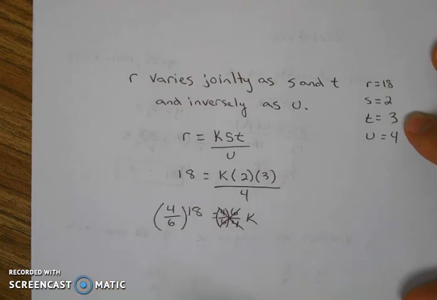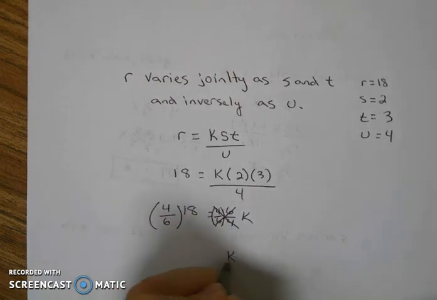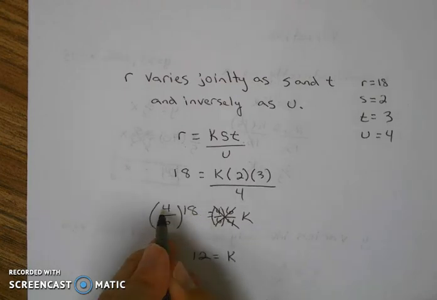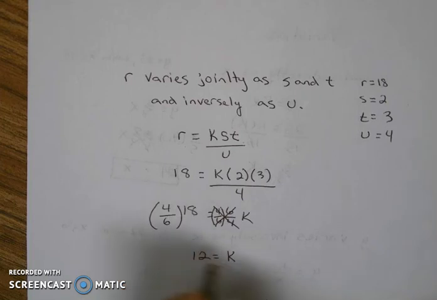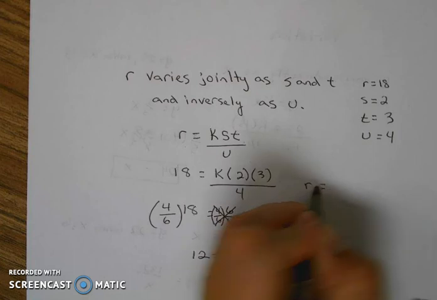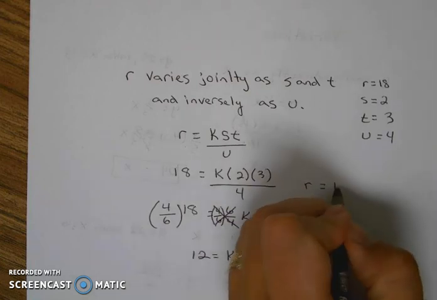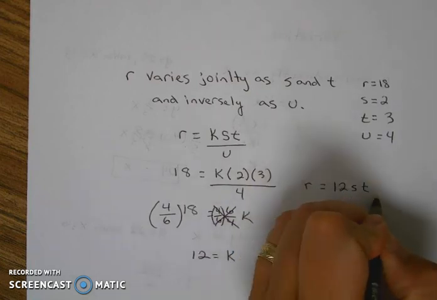Cancel that out. And we're going to get 12. 6 goes into 18 3 times. 3 times 4 is 12. So there's our constant of variation. So our equation is going to look like this. R equals 12 times S times T over U.